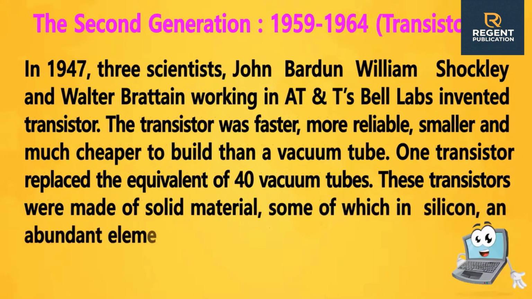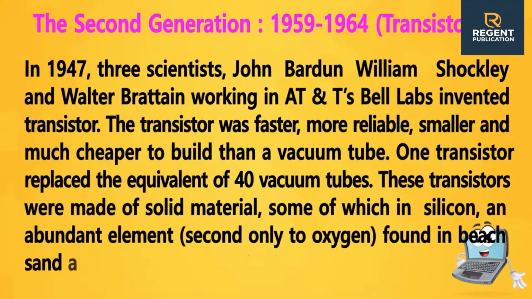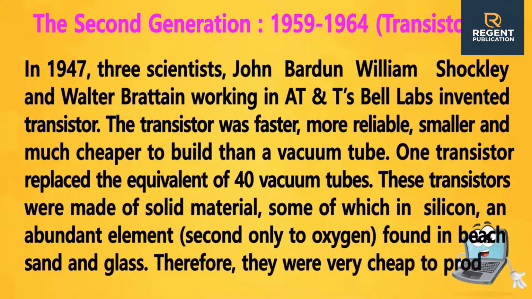These transistors were made of solid material, some of which is silicon, an abundant element, second only to oxygen, found in beach sand and glass. Therefore, they were very cheap to produce.